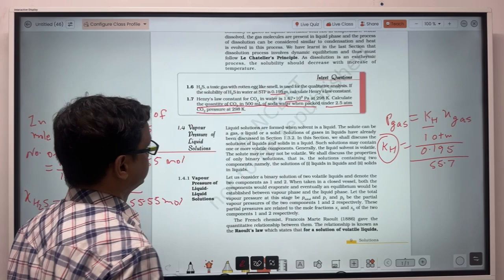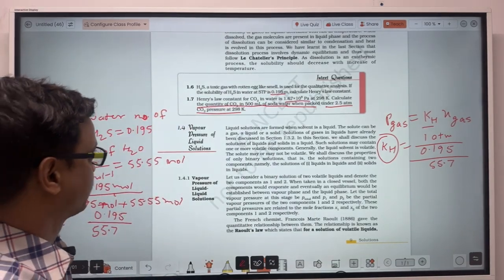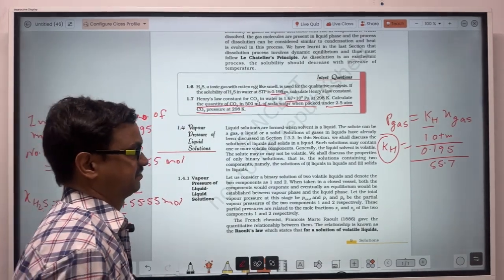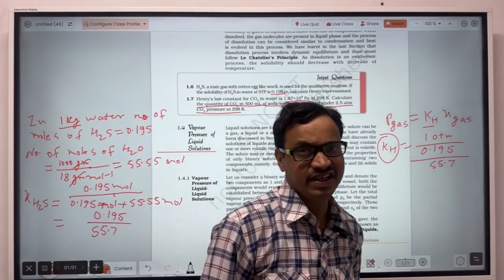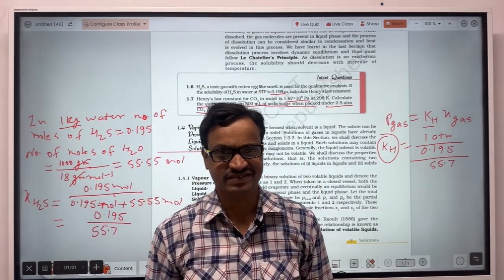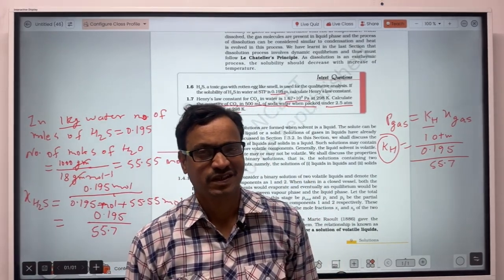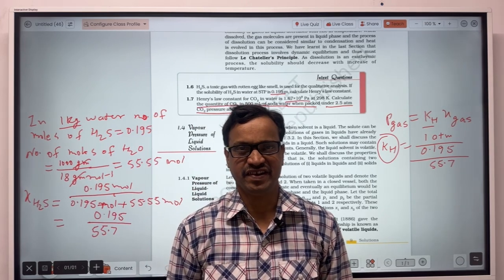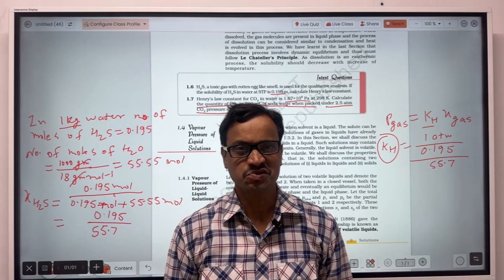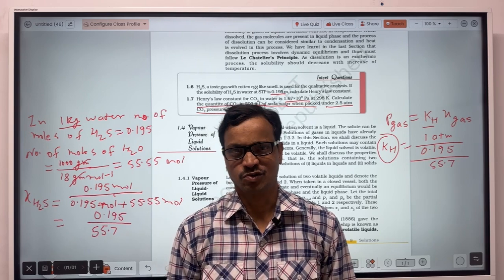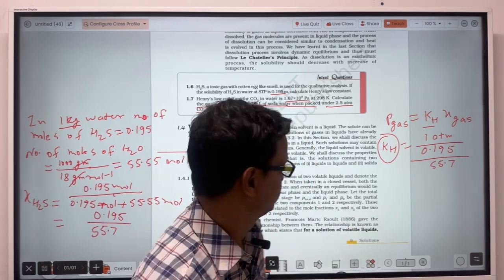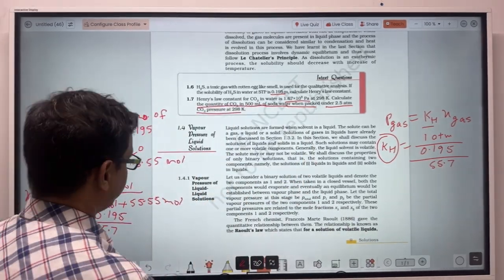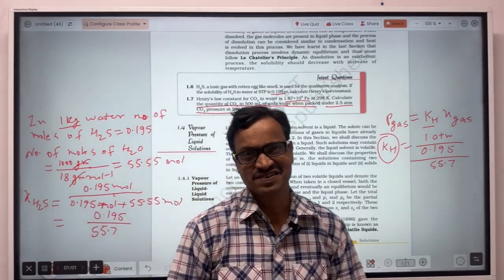Like that, this question is only slightly modified, so I hope you can solve it very easily. If anyone could not solve this question, may comment in the comment box, and then afterwards I shall solve it. That was about Henry's law.